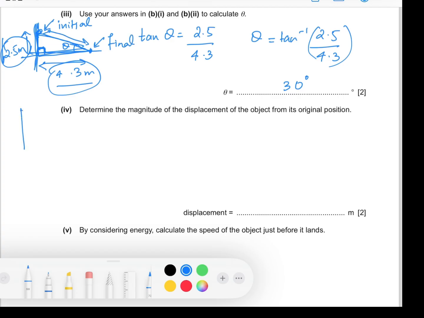Now can you see, this angle is 30 degrees, the base or adjacent side is 4.3 meters, the opposite side is 2.5 meters, and you are supposed to find the longest side in this right angle triangle. And you can do that using the Pythagoras theorem, where the hypotenuse squared is equal to base squared plus height squared.